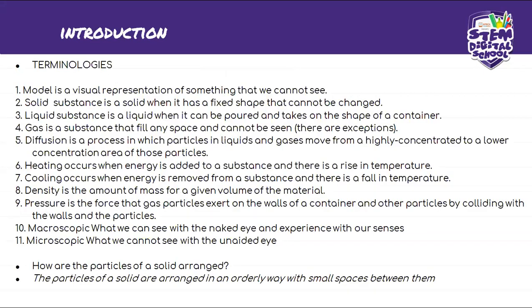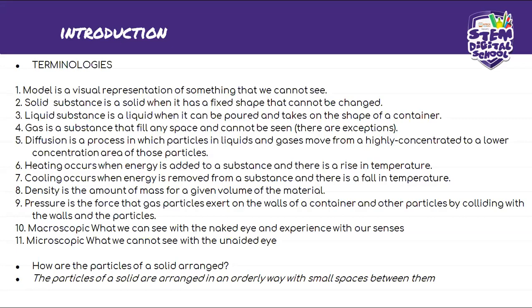Now, I would like to go through these terminologies with you. I'm going to start with number 10 and 11. You can see that these terms, macroscopic and microscopic, keep coming up, so we need to know their meaning.